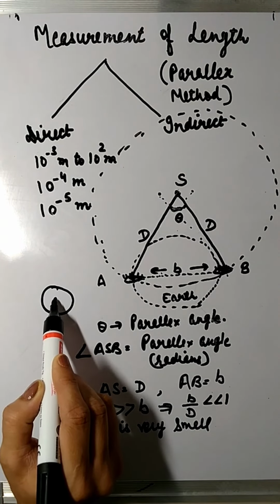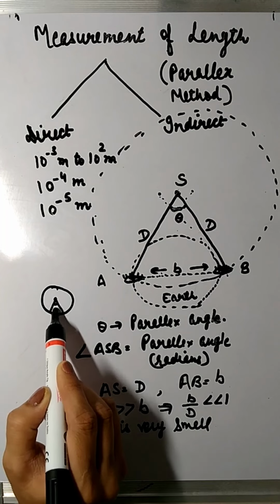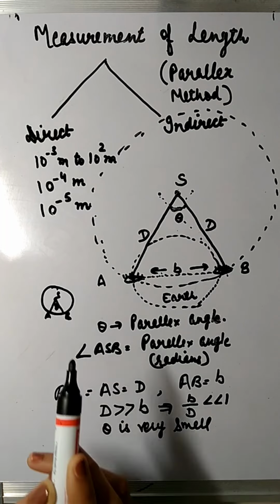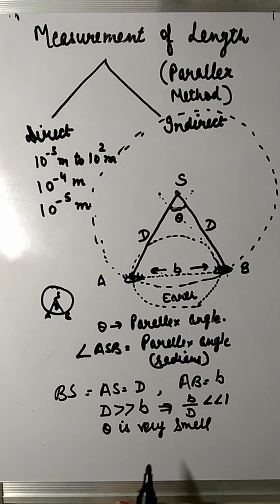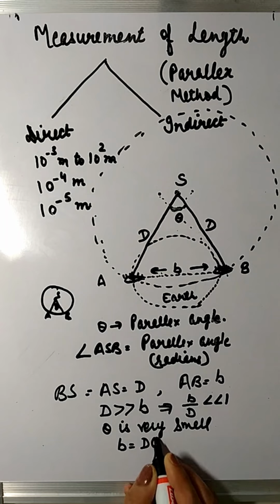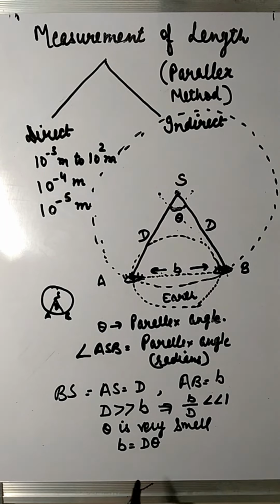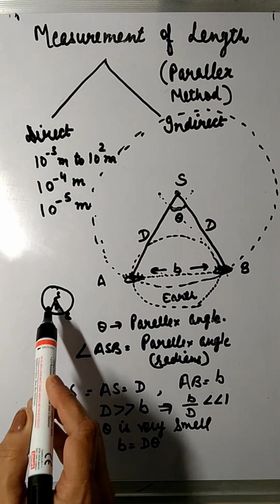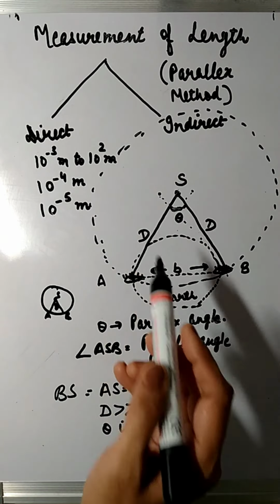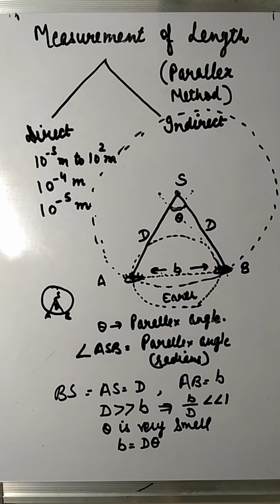Now we know from the formula of a circle, if this is the center of the circle, this angle is theta, and this is arc AB, then b is equal to d theta. b is the arc of the circle, so the arc b is equal to the radius d times theta. Here the radius d is the distance between Earth and the star.